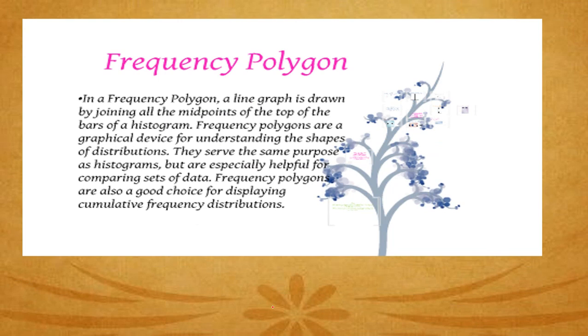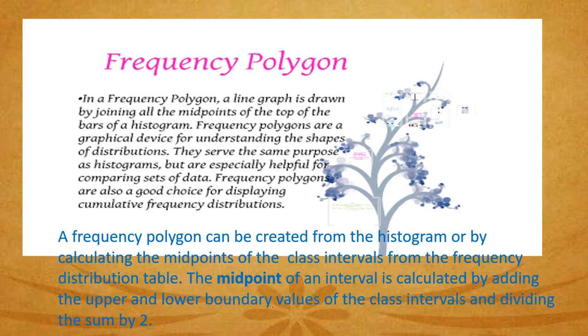So here, this means frequency polygons are the same as histograms, but they are a very convenient way to represent or compare two sets of data. So how to draw it? A frequency polygon can be created from the histogram or by calculating the midpoints of the class intervals from the frequency distribution table.